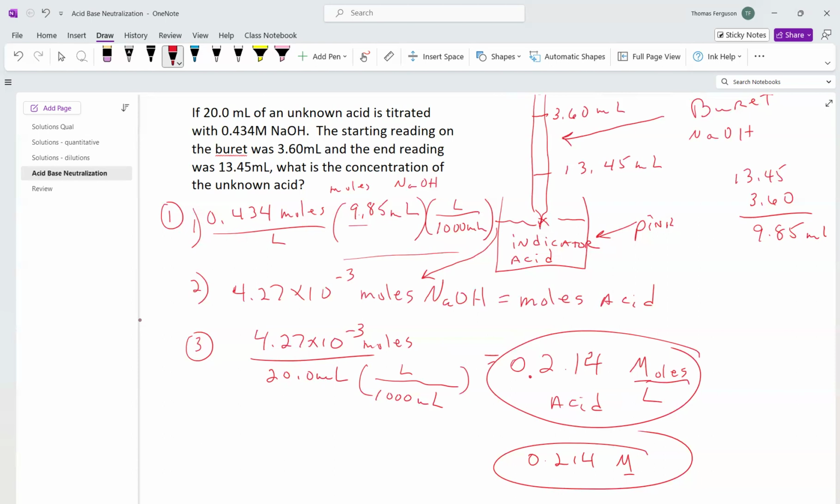No, you're dividing 20 by 1,000, but it's the same as multiplying 4.27 times 10 to the minus 3 by 1,000. Because it's in the denominator, you're dividing 1 over 1,000. If you're dividing 1 over 1,000, it's the same as multiplying. It's the inverse of an inverse. And you can do this in 2 steps if you want. Do the bottom step, substitute it in, and then do it.